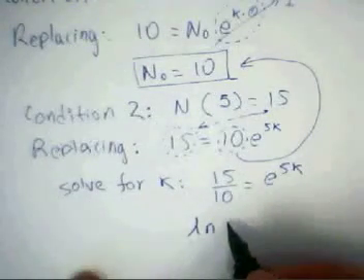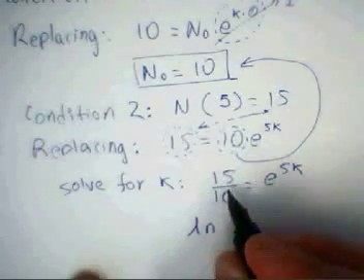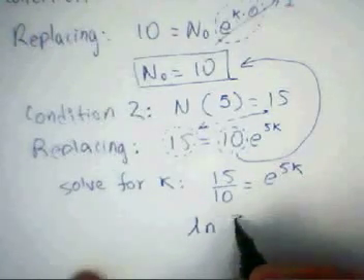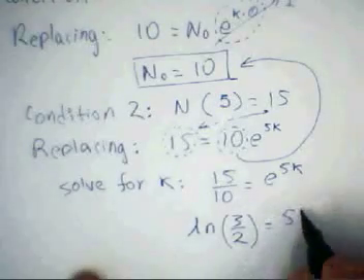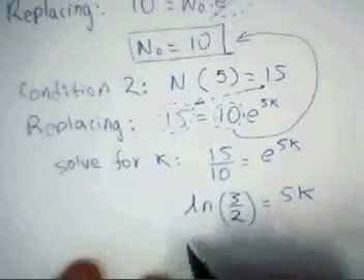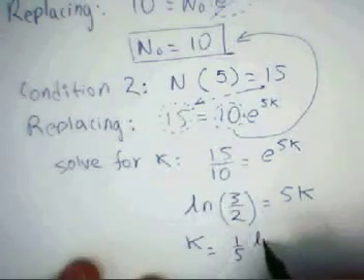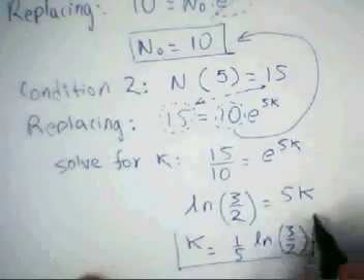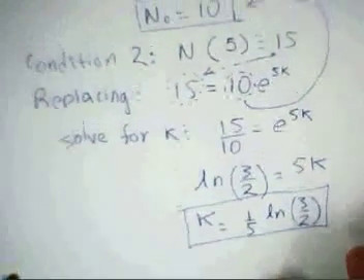We're going to take the logarithm, and I'm going to do all the operations here. 15 divided by 10 is going to be 3/2, equals 5k, from where k is simply 1/5 natural log of 3/2. Okay, so we found another little piece of the puzzle, but that is not all.